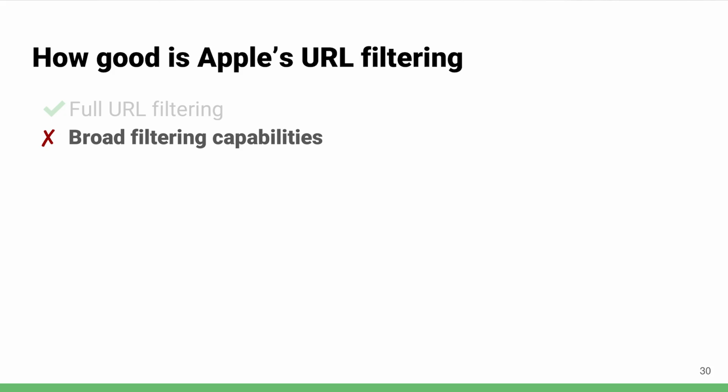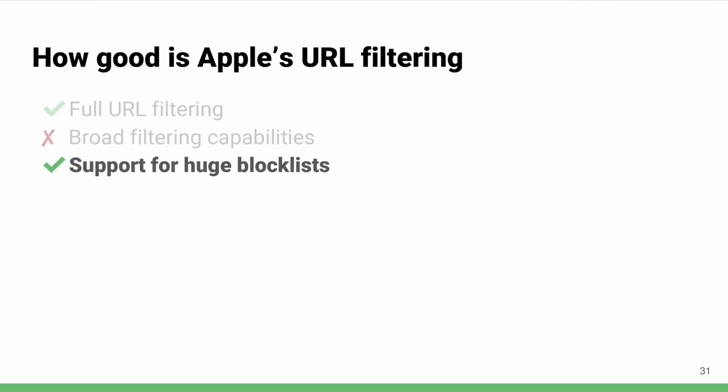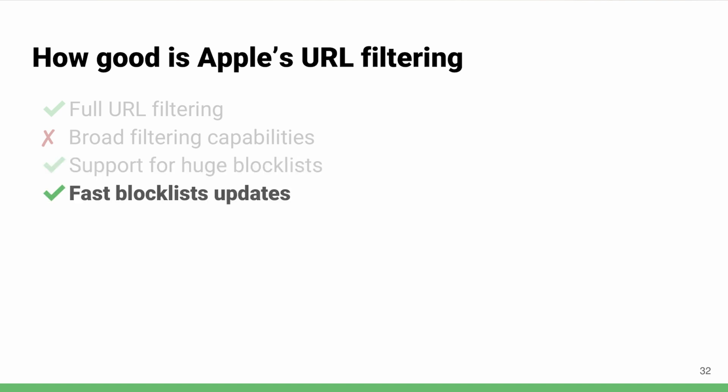The API is not designed with this in mind. Then, support for huge block lists, and this one also gets a check mark. The API was well prepared for that, even though it introduced a privacy issue. The next point is about how quickly block list updates can be delivered to the users.